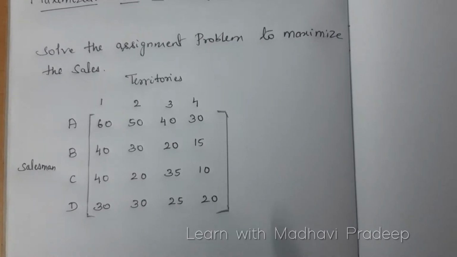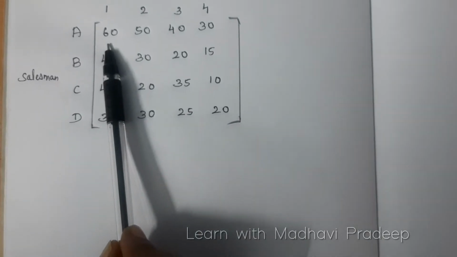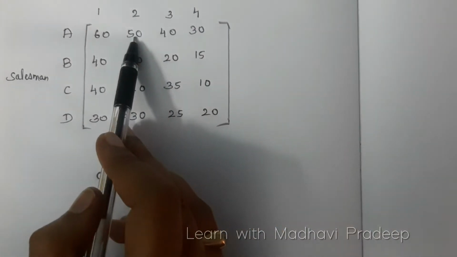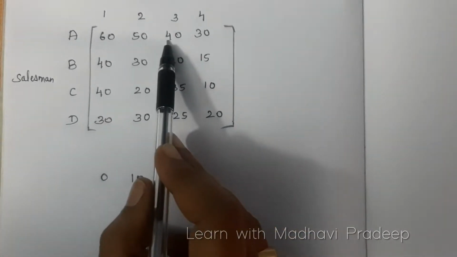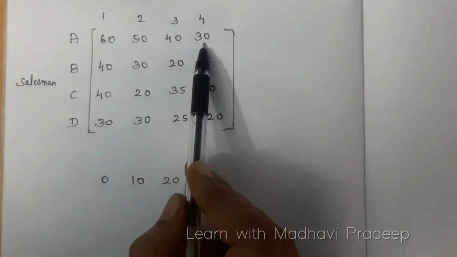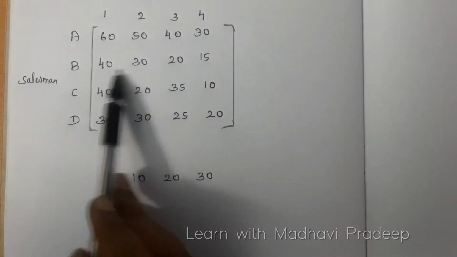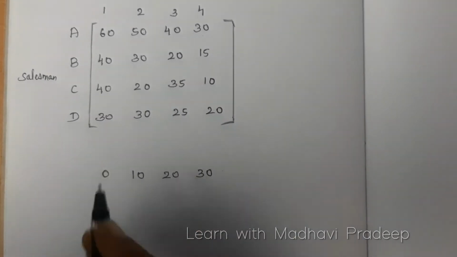So let us solve. First is 60 minus 60, so you will get 0. Next is 60 minus 50, we get 10. Next 60 minus 40, that is 20. And 60 minus 30, we get 30. Now second row, again subtract from 60. 60 minus 40, 20.